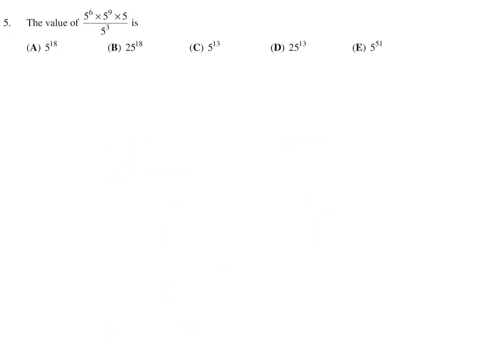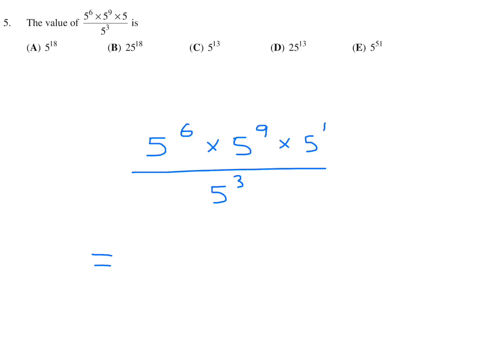The value of 5 to the power of 6 times 5 to the power of 9 times 5, all over 5 to the power of 3 is. Alright, this is a nice quick review of exponents. So on the numerator, when you're multiplying, you add the exponents. So it becomes 5 to the power of 6 plus 9 plus 1. And then we just have 5 to the 3 like that.